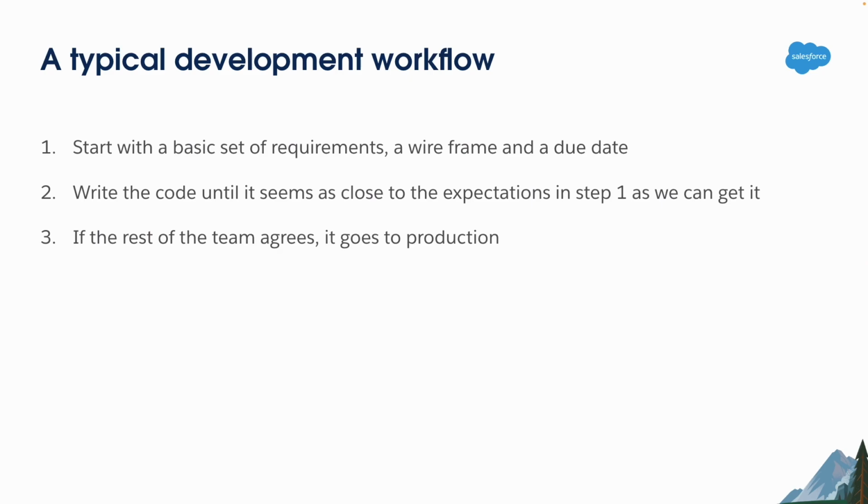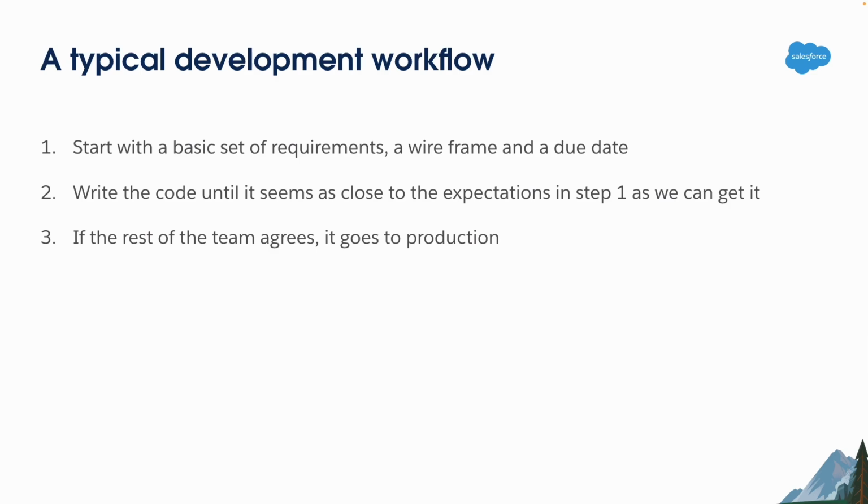That due date might be tomorrow, could be today. Whatever it is, the developer moves on to step 2, which is to write code until it seems as close to the expectations they got in step 1 as they can get it. And then in step 3, if the rest of the team agrees, it goes to production.